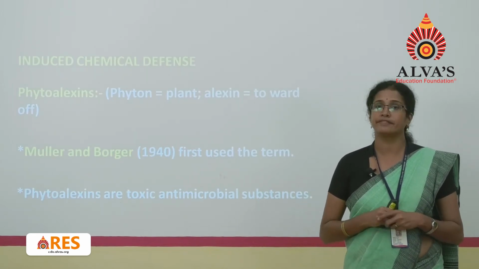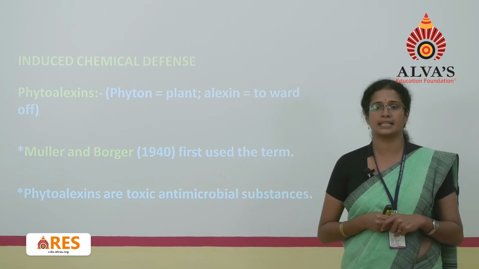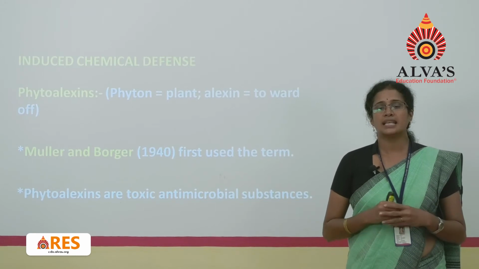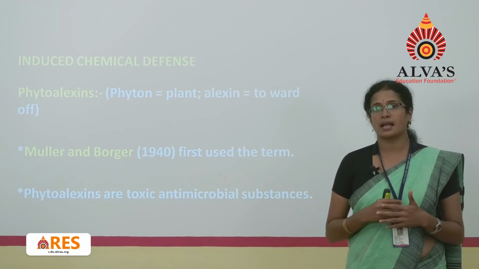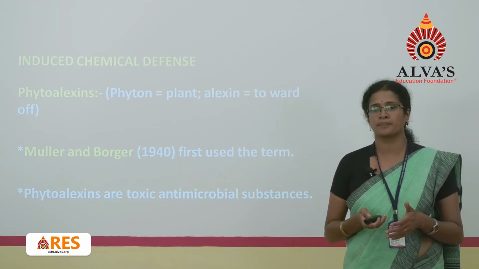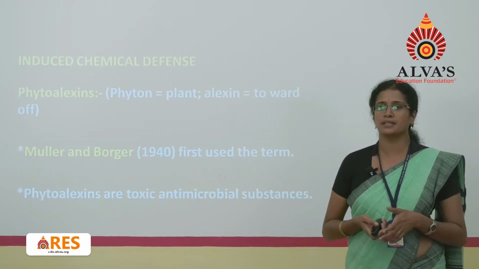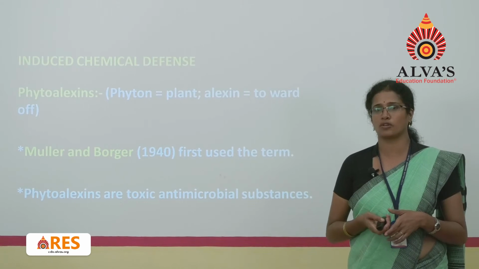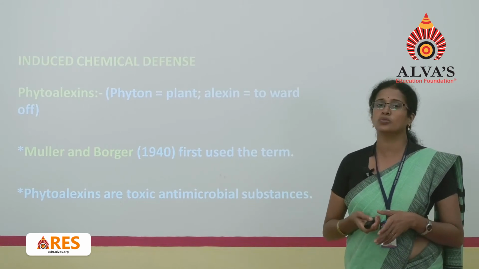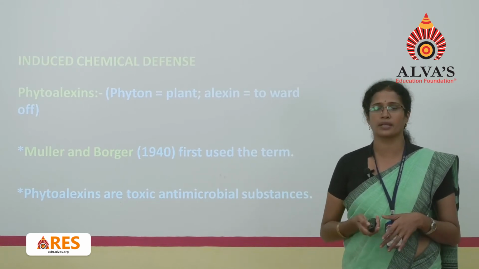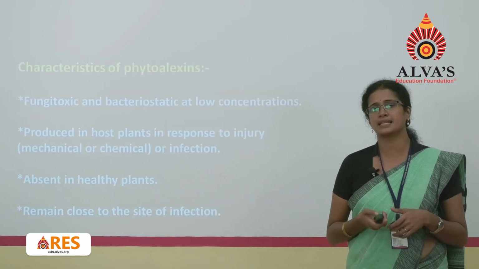Phytoalexins were first coined by Muller and Borger in the year 1940. So, these are toxic antimicrobial substances. In simple terms, phyton stands for plant and alexin to ward off or to get rid of.